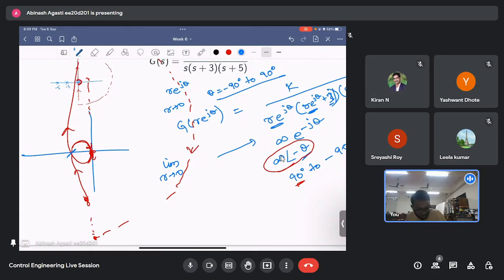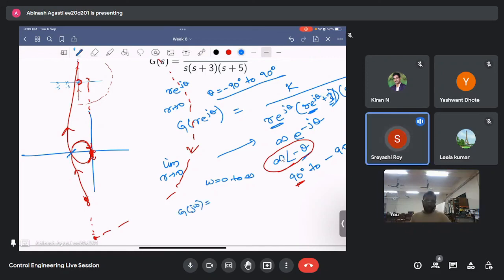So let us consider the part where we took omega equal to 0 to infinity. So that is this part, correct? Now I want to find out the point where I cross the real axis. For that calculation, we will consider that the angle will be -180 degree. We can find out G(j omega) and put the imaginary part equal to 0.